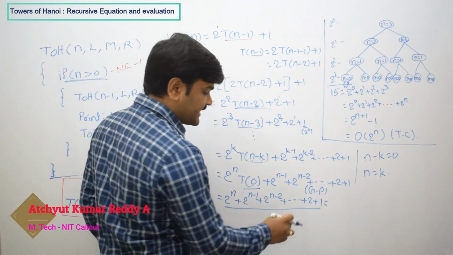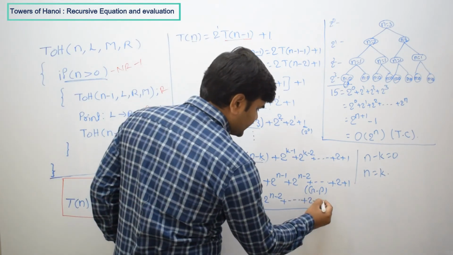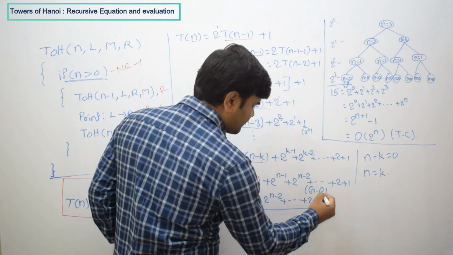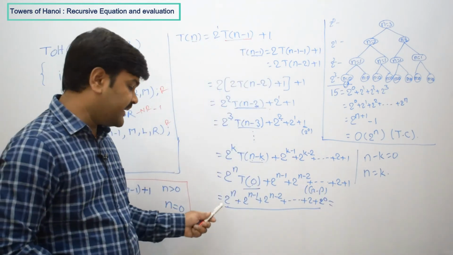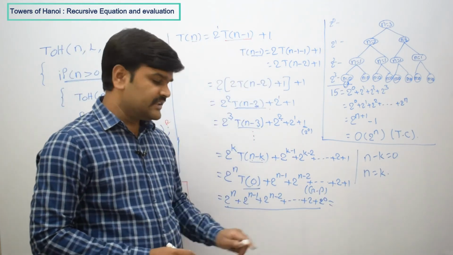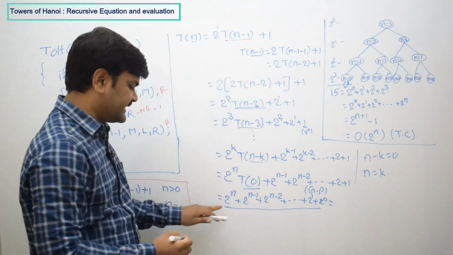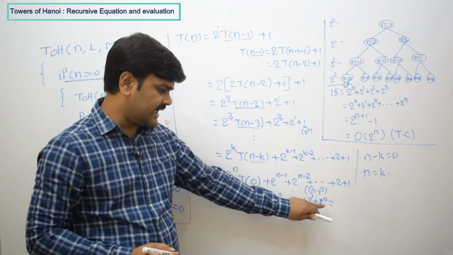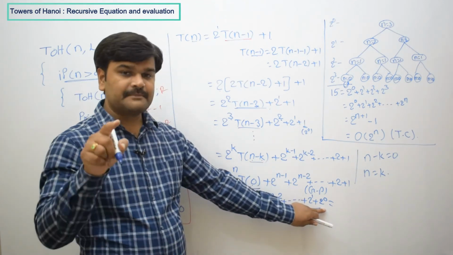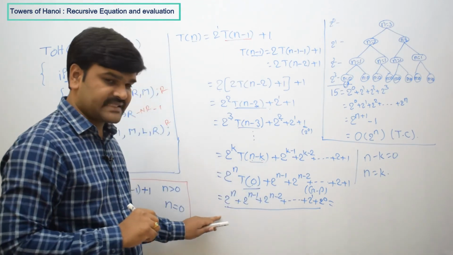Here the 1 you can rewrite as 2 power 0. So how many terms are there here? 2 power 1 to 2 power n, that means n terms, and this is 1 term. So n plus 1 terms are there in this summation.